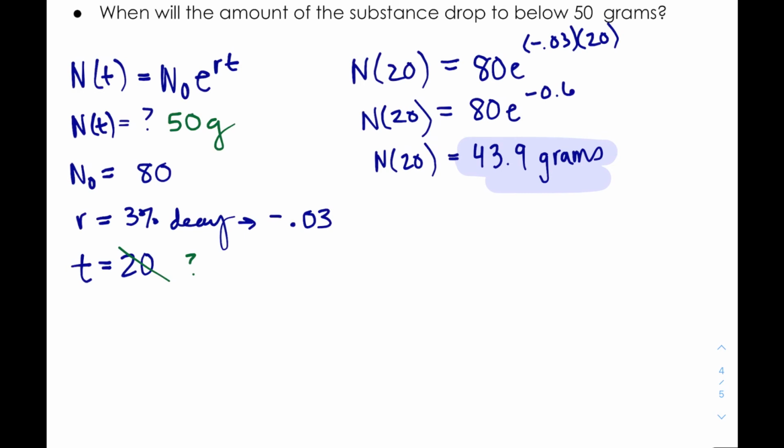So using a little bit of logic here to check ourselves and make sure our answer is okay, if after 20 years we have 43.9 grams left, well then it makes sense that it's going to take less than 20 years till we have 50 grams left. So it's always important when you're working on a problem in the context of a word problem to look at your answer in that context. Does my answer make sense, or did I potentially make an algebra error?